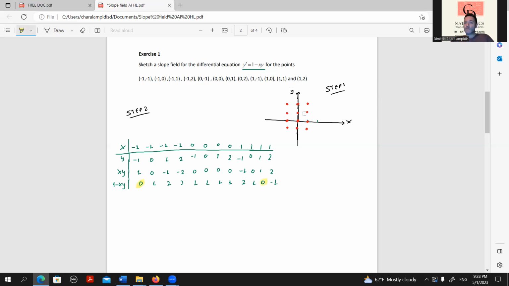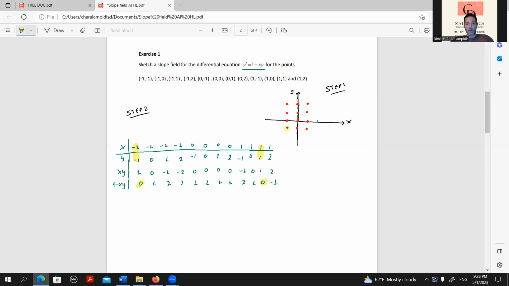A slope of 0 would indicate that we basically have a segment that is parallel to the x-axis. At which points do we need that? At point (-1, -1), and at point (1, 1). So I should go to these points. (-1, -1) is this point over here.